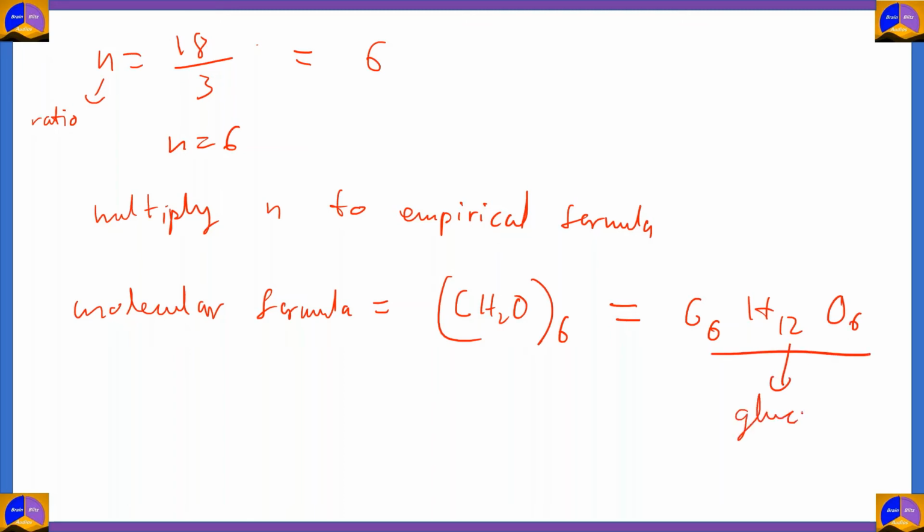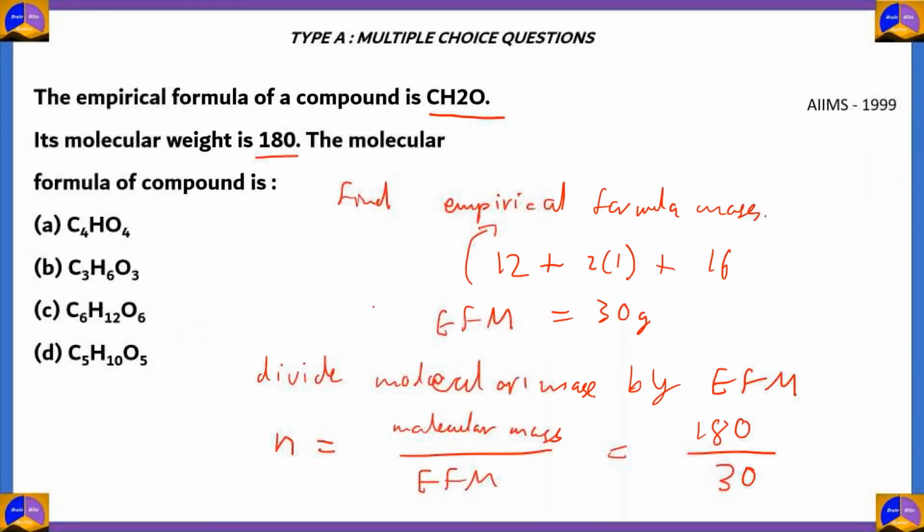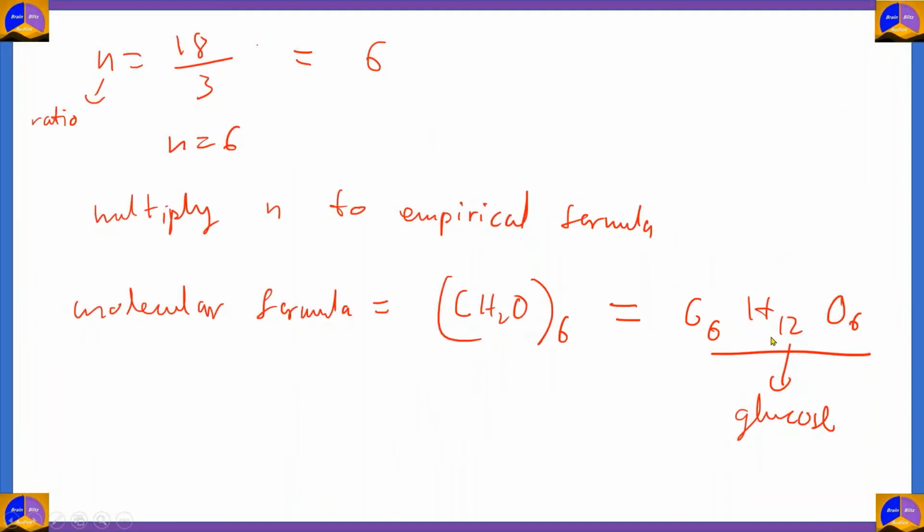This is the molecular formula of glucose, by the way. So the right answer is option C, C6H12O6. The molecular weight of glucose is 180. Most people memorize this, so when they come into the exam and see the molecular weight is 180 and the formula as CH2O, they'll quickly write option C. But these are the right steps in finding out how it is C6H12O6.